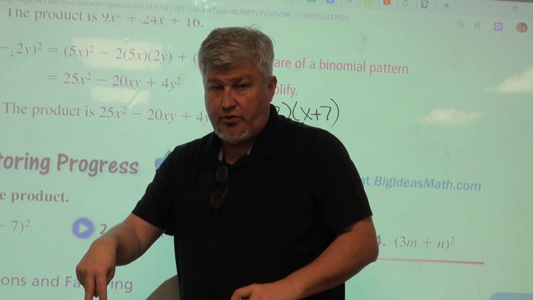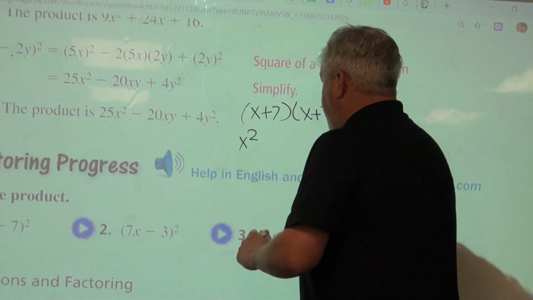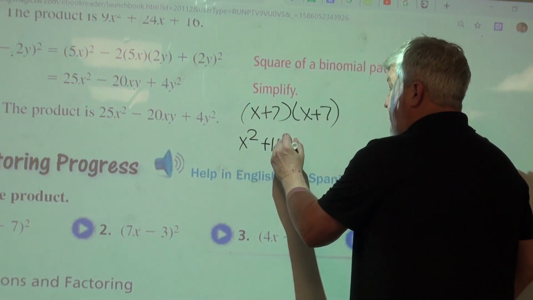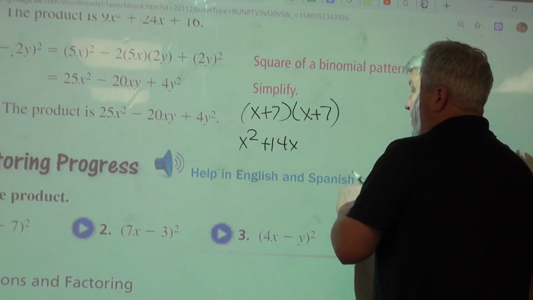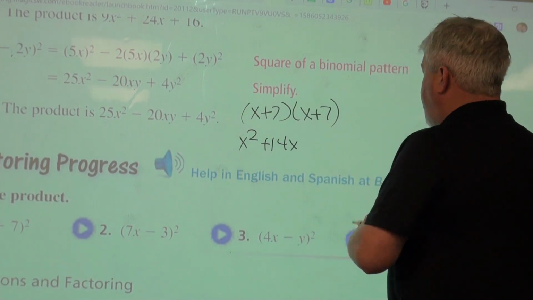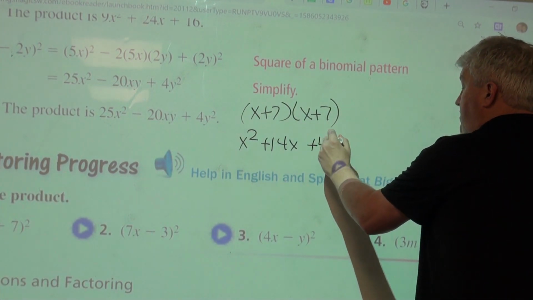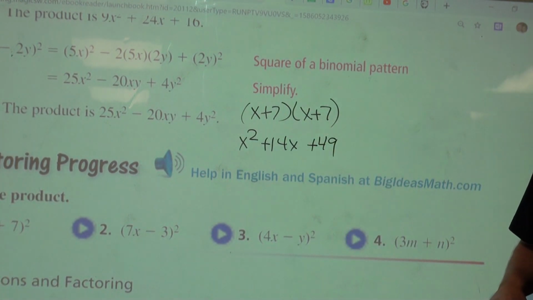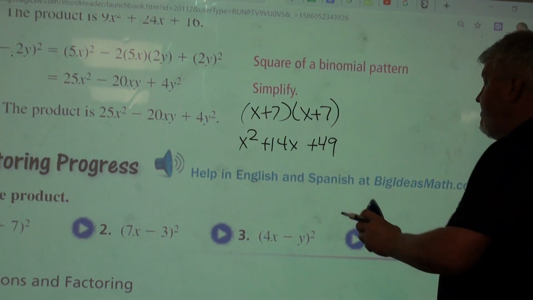Times that by 2. 2 times 7x is 14x. It's a plus because they're both positive. And then square the last two terms. 7 times 7 is 49. And you're done. That's number 1. X squared plus 14x plus 49.